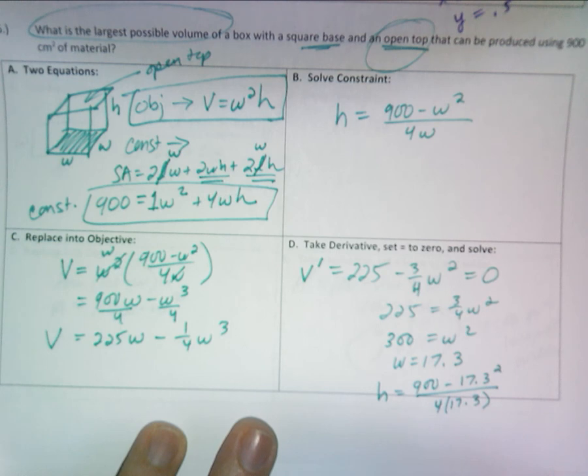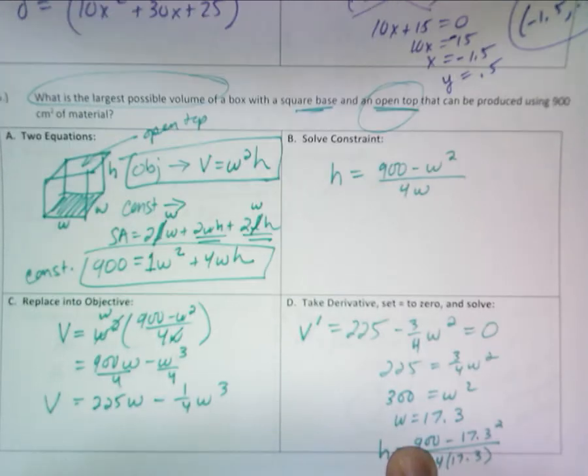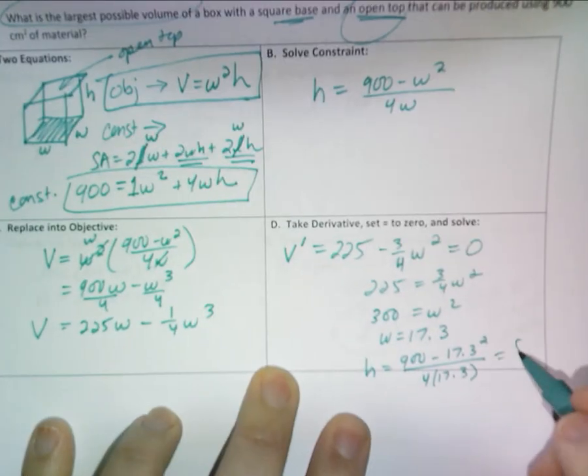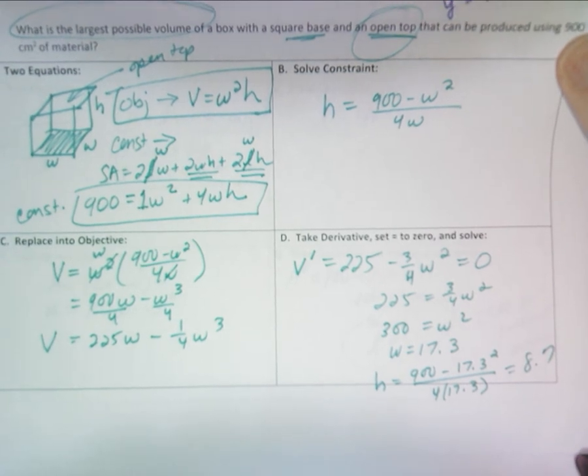I got 8.7-ish. See if that's what you got on your answer. Anybody else get 8.7? You got 8.7? Okay. But make sure you answer the question. Yeah, I got 8.7. Okay.